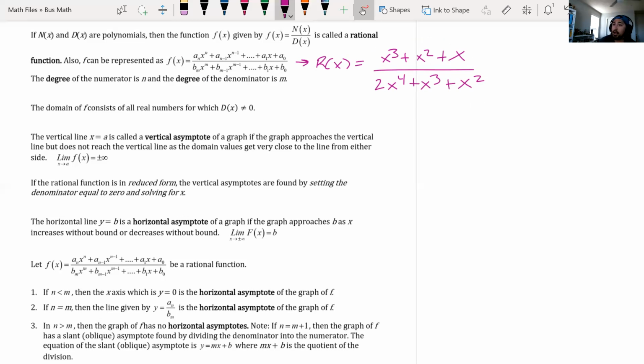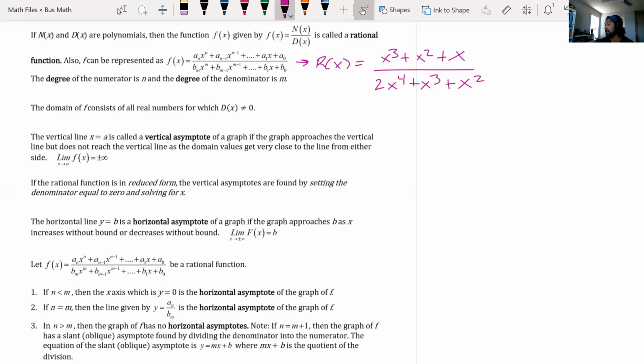Okay, now remember, with rational functions and fractions, the denominator can never ever be 0. So the denominator can never be 0. All right. And then the vertical line, x equals a, is called a vertical asymptote of a graph if the graph approaches the vertical line.